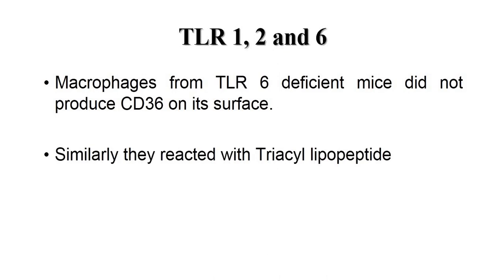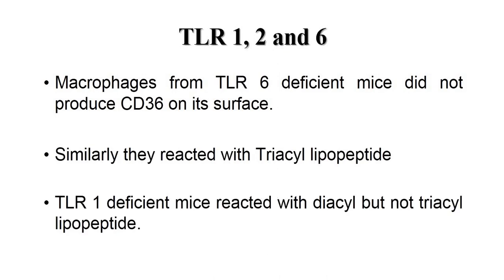Similarly for triacyl lipopeptide, again experimental evidence: TLR1 deficient mice reacted with diacyl but not with triacyl lipopeptide. So there is a distinction between di and tri, and there is always a correlation with TLR6 in the recognition of diacyl and triacyl lipopeptide.